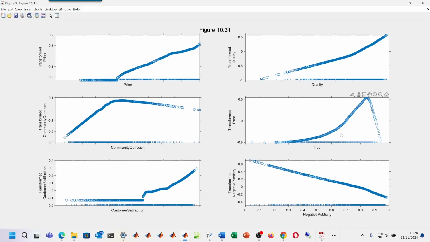For example, with trust, it says that the outcome is positively related to trust up to a certain point. Then it goes down. Or for example, look at customer satisfaction, then it is pretty constant, then it starts going up. This means that you must reach a certain level of customer satisfaction in order to have a positive effect on customer loyalty.